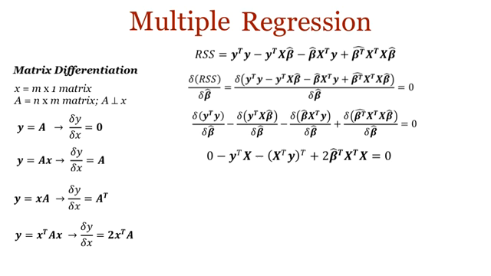The third term is of the form y is equal to beta hat transpose A, so the derivative is A transpose, or X transpose y the whole transpose. And we have the last term that has the form y is equal to x transpose A x. So the derivative is 2 beta transpose A, or 2 beta hat transpose X transpose X. We expand the transpose and then put the negative terms onto the other side.